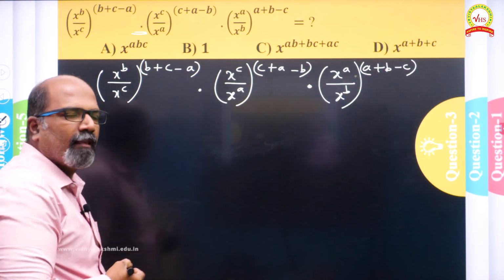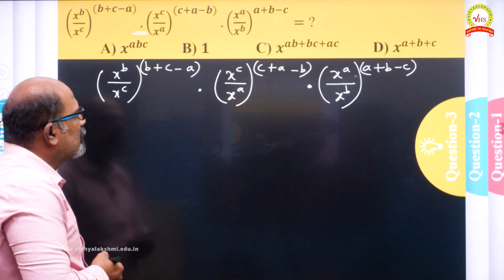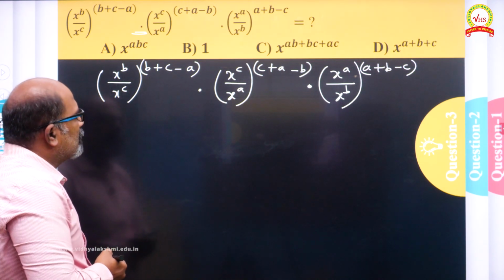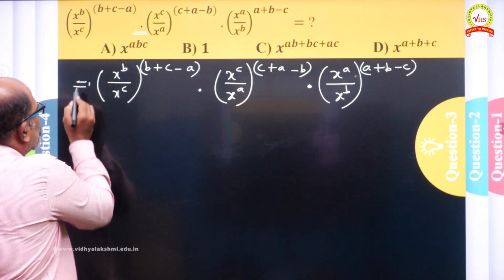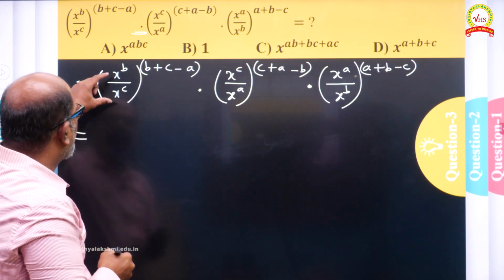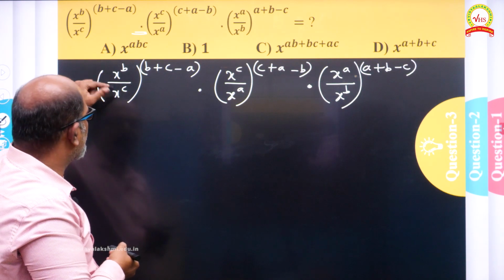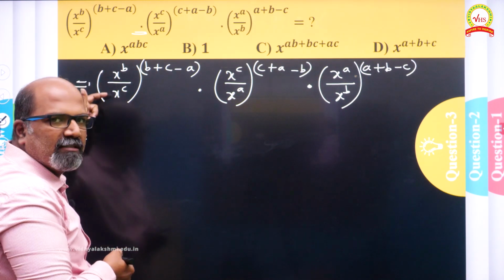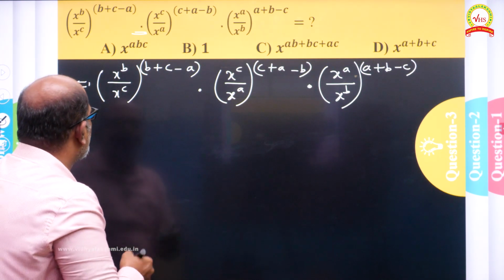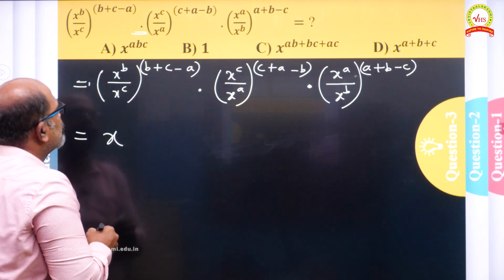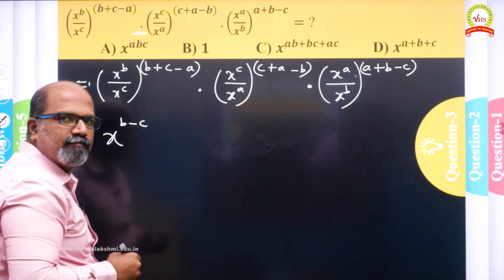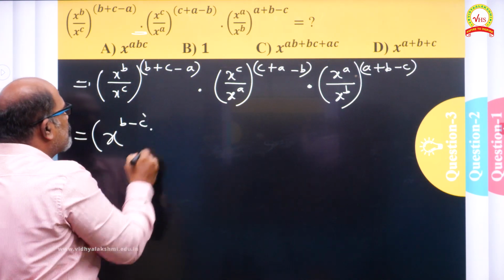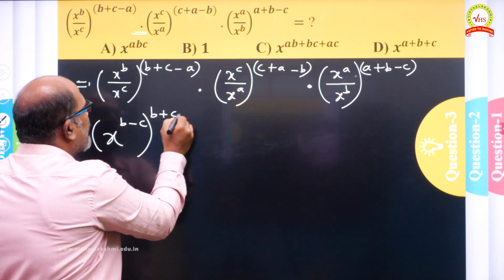Okay. After writing this carefully, we have to apply the rule of exponent. What rule of exponent? Here I have the idea to apply the quotient rule for exponents because this is in quotient having the same base x. The base is the same, x. So when I apply the quotient rule, you will be having x to the power b minus c, the whole power b plus c minus a.